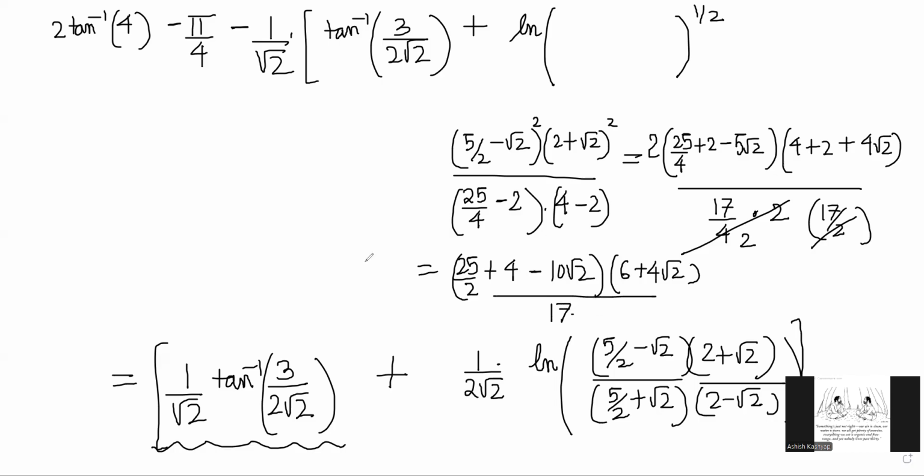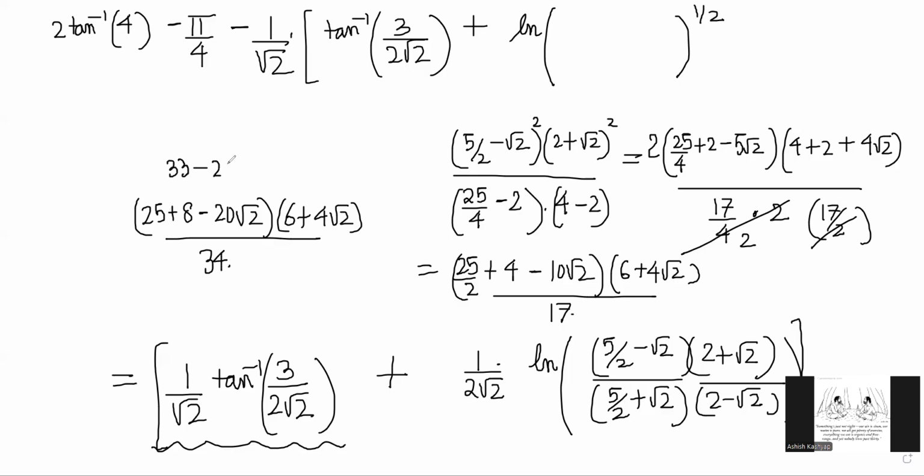And now again, simplifying this a little bit, what I end up getting is 25 plus 8 minus 20 root 2, whole thing multiplied by 6 plus 4 root 2 divided by 34, right? And this is 33 minus 20 root 2 multiplied by 6 plus 4 root 2. We have to simplify it and make it look like b plus c root 2 divided by d. Then only we can find b, c and d, right?